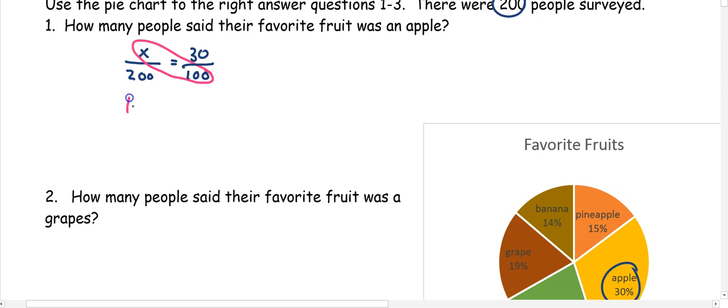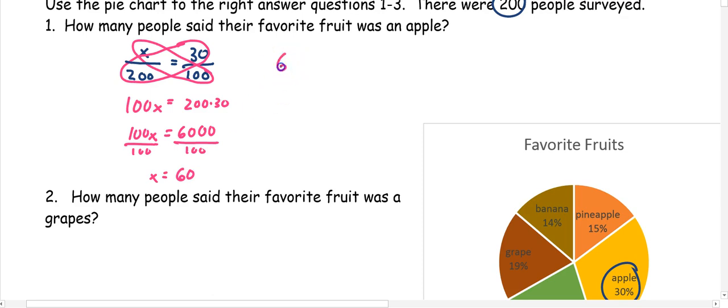So we have x times 100, which is 100x, equals 200 times 30. So when we cross multiply, we have 100x equals 6,000. And on both sides, we can divide by 100. So when we divide by 100, we get that x is 60. So 60 people picked apples to be their favorite.